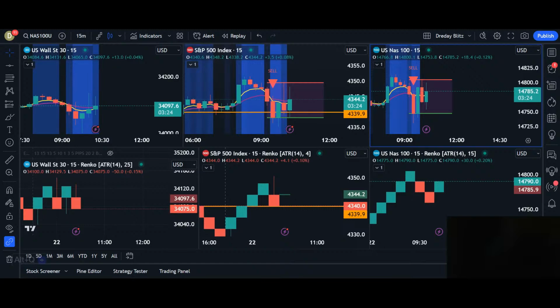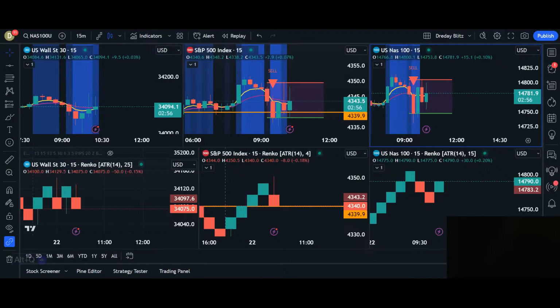Okay, so less than 4 minutes left to the live. Let's reconvene and see where we're at. As you can see, we had a few wicks in the last 30 minutes after the news event. So there's still some indecision in where the market wants to go.